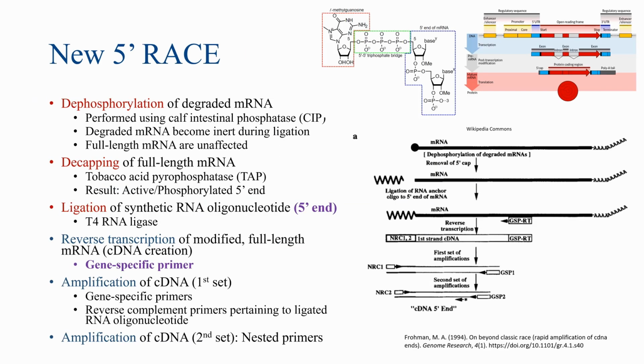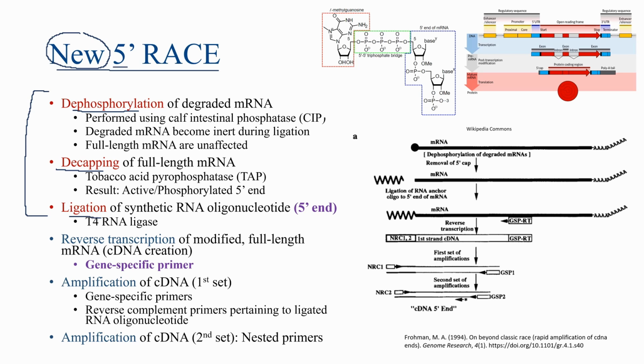So let me begin with a discussion of the new 5' RACE. As I said earlier, the new RACE differs from the classic RACE in the sense that you have additional steps that you will be performing to the RACE protocol. So in the case of the new 5' RACE, as is with the new 3' RACE, you'll be performing dephosphorylation, decapping, and ligation.